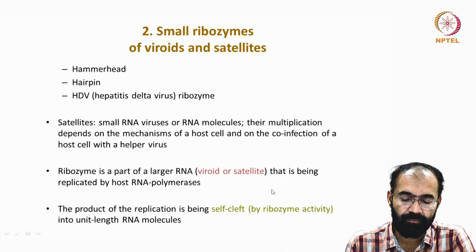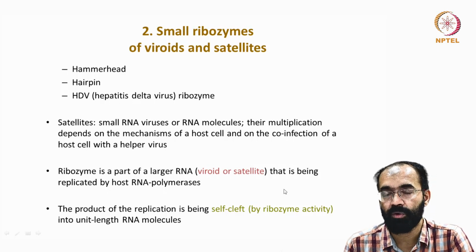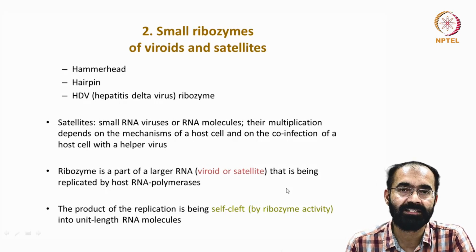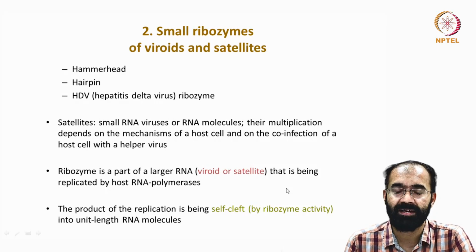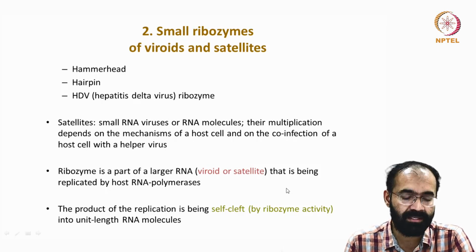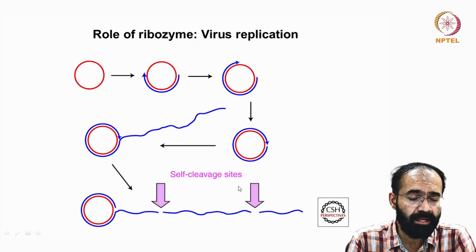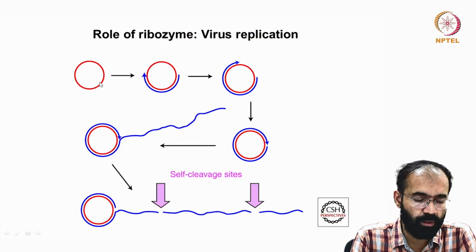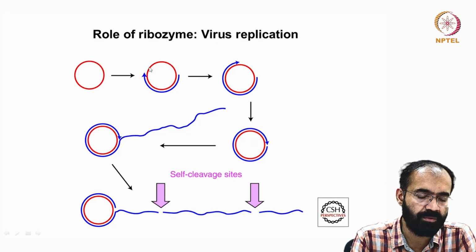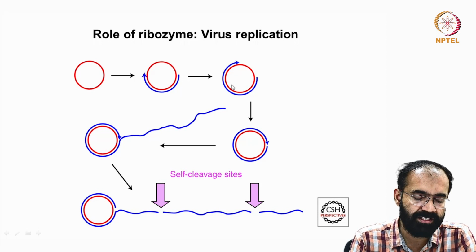Say you have a sequence that is being produced by a rolling circle mechanism. It needs to be broken at frequent intervals so that it will have meaning. That is what is shown here. You have an RNA sequence during virus replication, and this blue line is the newly formed strand, which continues and finishes one circle.